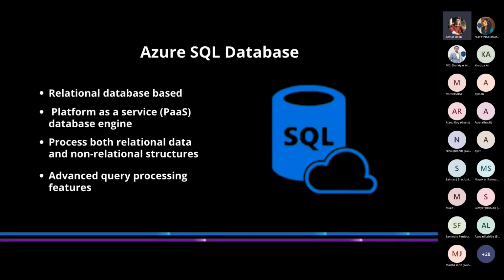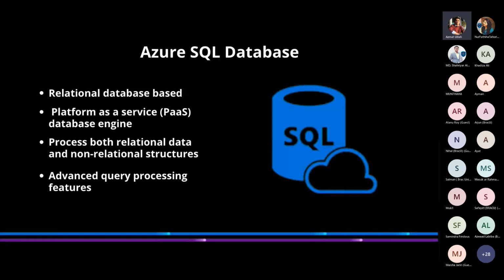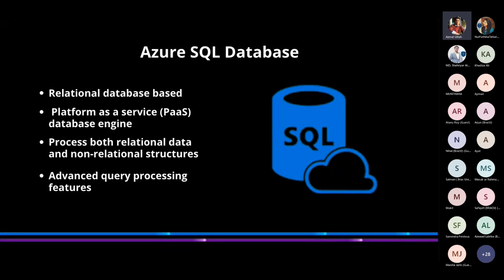SQL Database can be the right choice for a variety of modern cloud applications because it enables you to process both relational data and non-relational structures, such as graphs, JSON files, spatial files, and XML files. You can use advanced query processing features such as high-performance, in-memory technologies, and intelligent query processing.